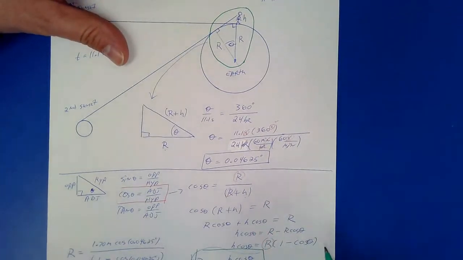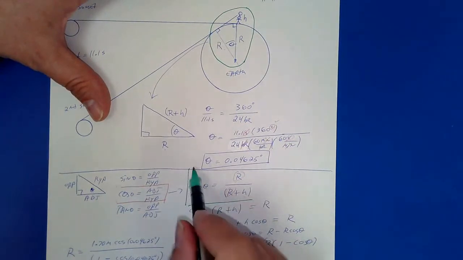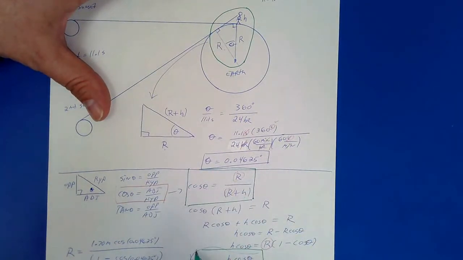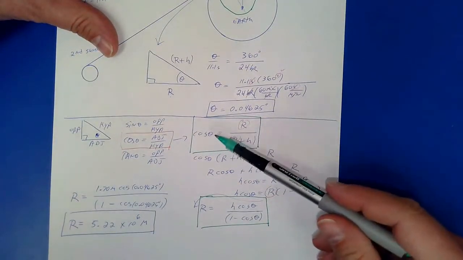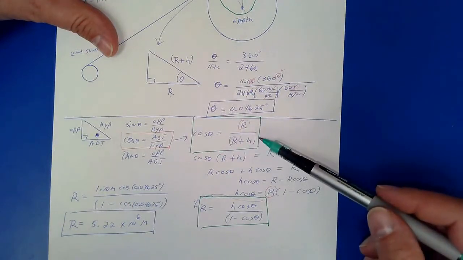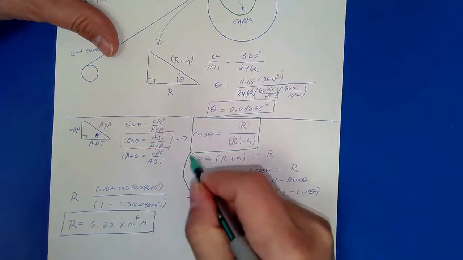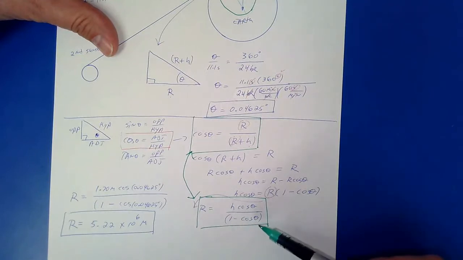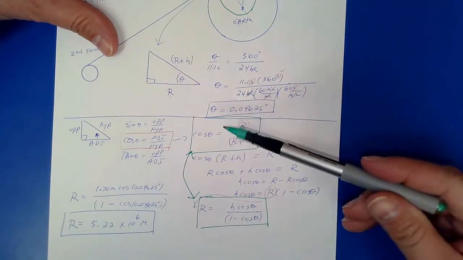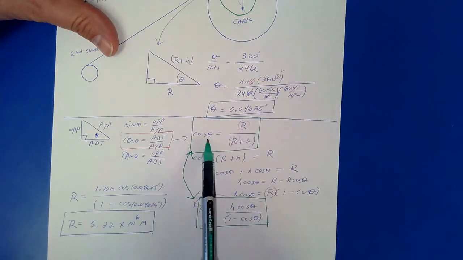Okay, well, the equations that we end up arriving at, this equation and this equation down here. So we have cosine theta equals r over r plus h, and then r is equal to h cosine theta divided by 1 minus cosine theta. So this one is based on the angle, and this one's based on the radius.